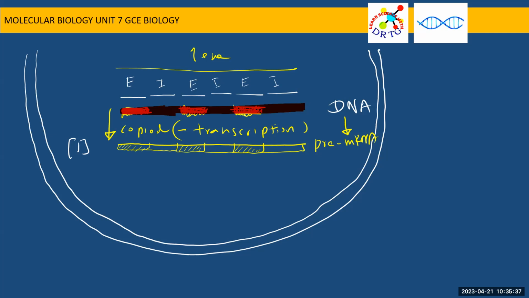there is a process that takes place because introns are non-coding regions. They can't make proteins. Introns are not designed to make proteins. If they made proteins, the protein would be completely altered, a different protein.